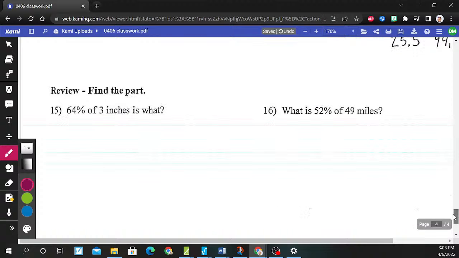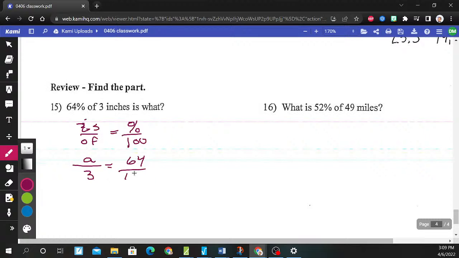64% of 3 inches is what? So what we're doing is is over of equals percent over 100. So we don't know the is, that's the part. And then of is 3, percent is 64, there's 100. A times 100 is 100A.